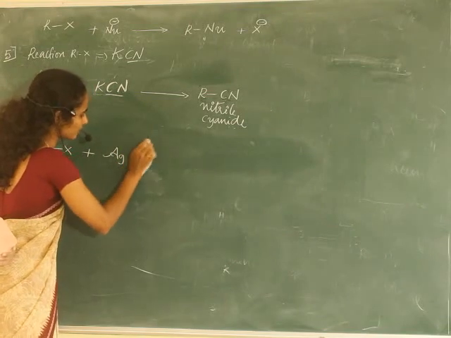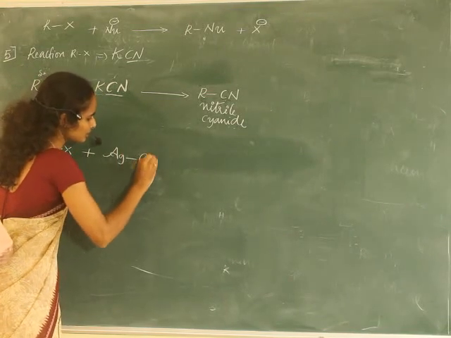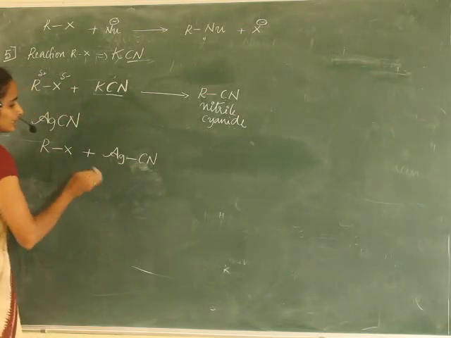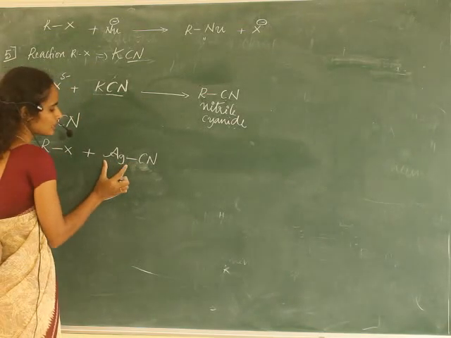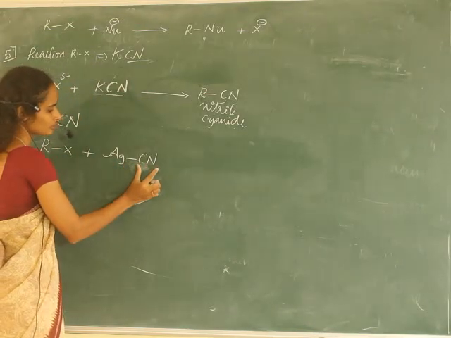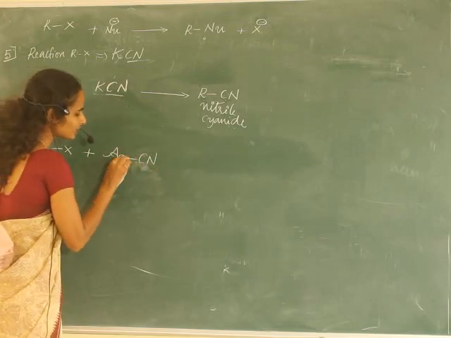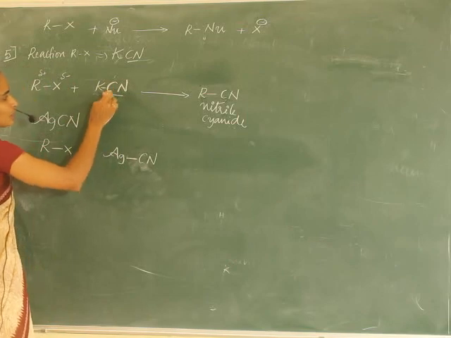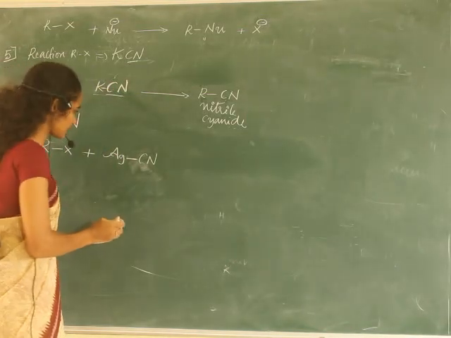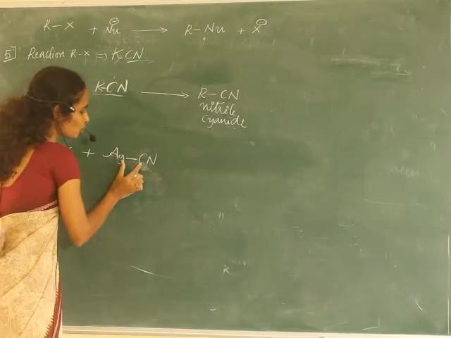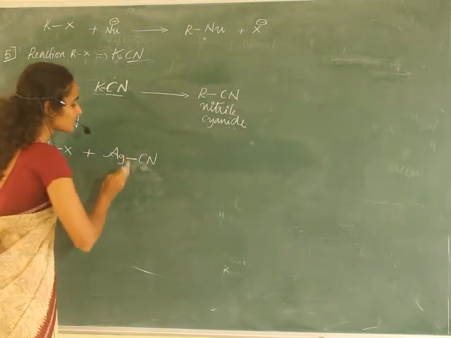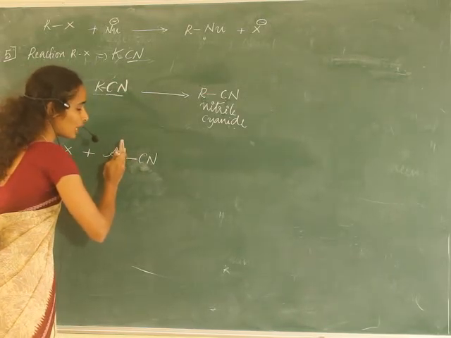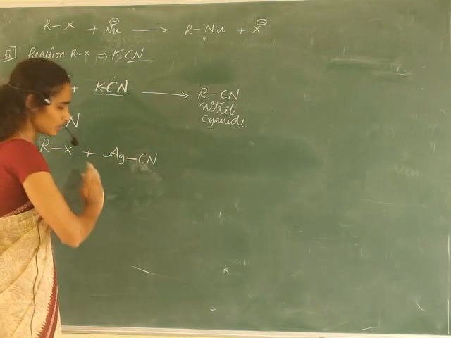AgCN. See, I will write it as AgCN. Here the bond between silver and the carbon of cyanide is covalent in nature. In KCN this bond is ionic in nature, hence K plus and CN minus formation takes place. But here this bond is covalent in nature, hence ionization does not take place.